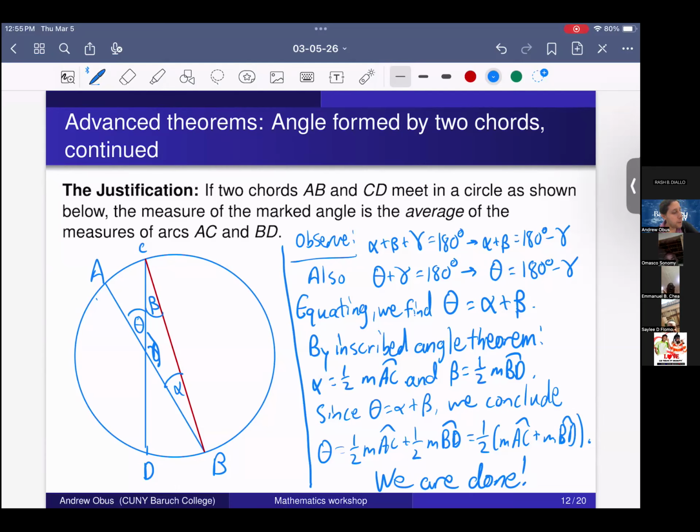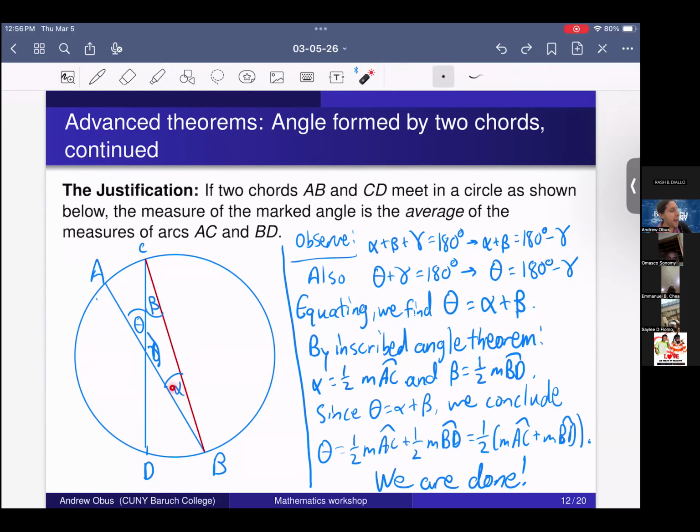Theta is not an inscribed angle, right? Because theta is formed from two chords. But alpha and beta are inscribed angles, right? Because beta is BCD and alpha is ABC. So the whole point of the proof is to take this thing here that's not an inscribed angle and write it as the sum of two angles that are inscribed angles.